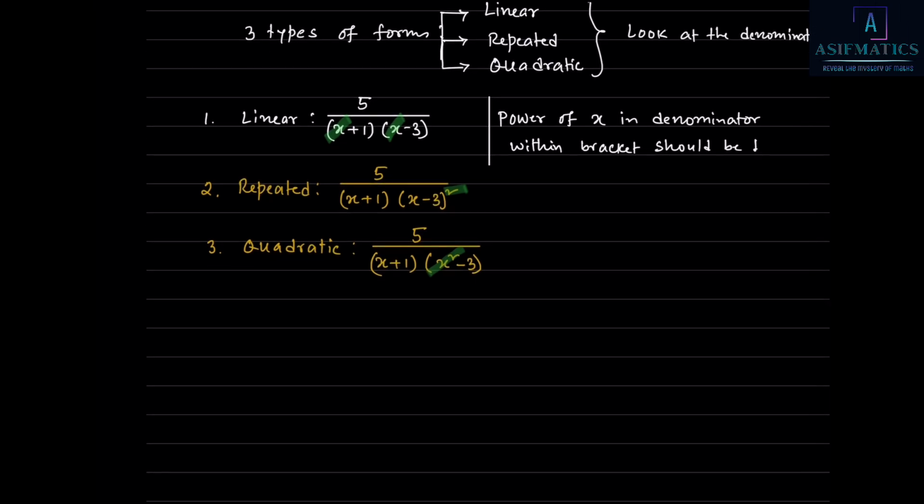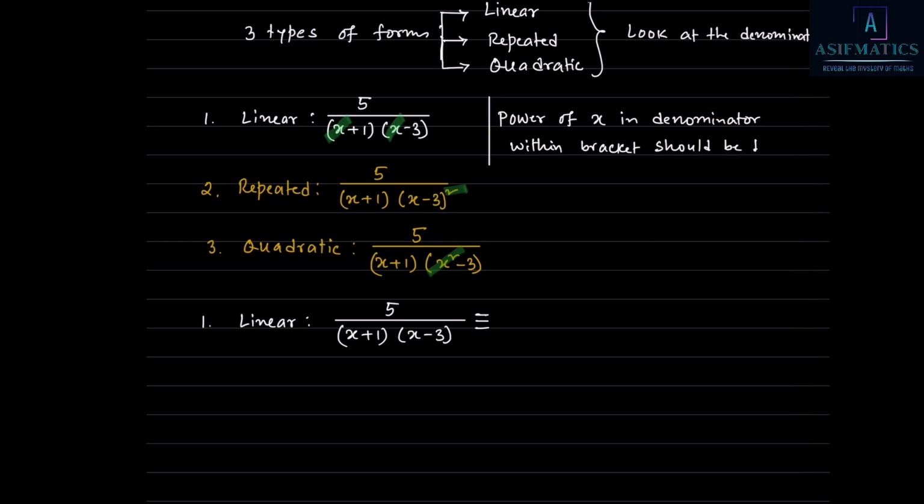let's see an example. In case of linear, we have 5 over x plus 1 and x minus 3. First you write this one, then put the identical sign. This is the sign of identity.